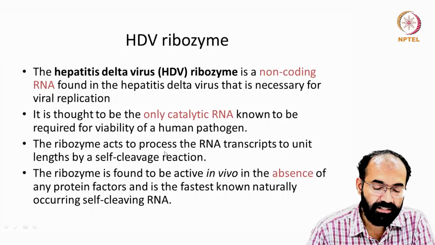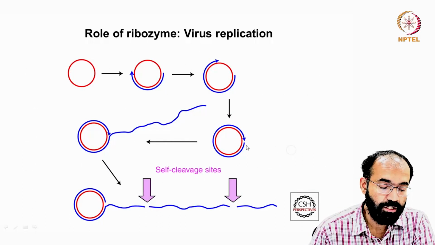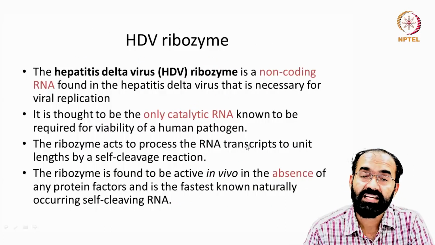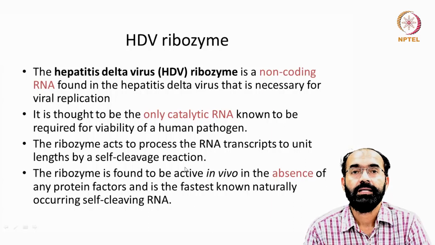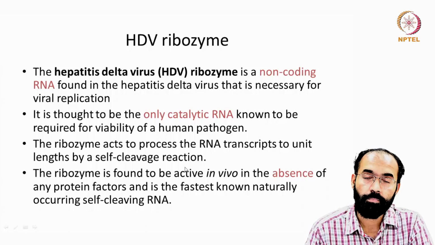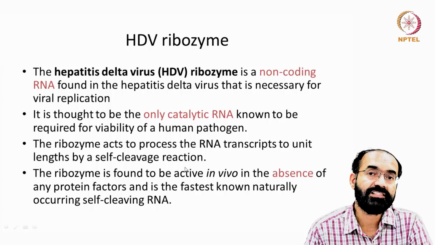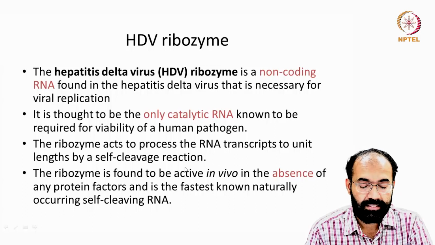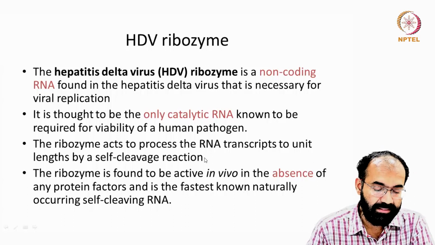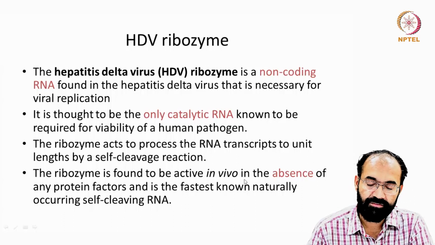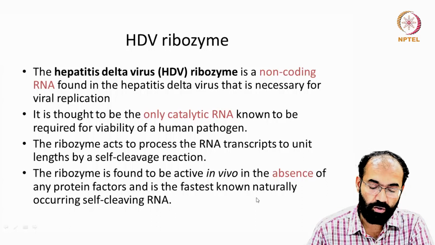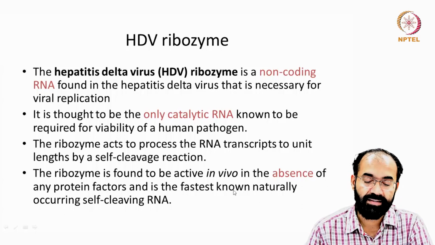The ribozyme acts to process the RNA transcript to unit length by a self-cleavage reaction. That means, as we saw in the previous class, it is almost like a circle, like a bangle, and a copy has to be formed from the existing single-stranded RNA template. And now it continues in a rolling circle fashion. This ribozyme is found to be active in vivo in the absence of any protein factors and is the fastest known naturally occurring self-cleaving RNA.